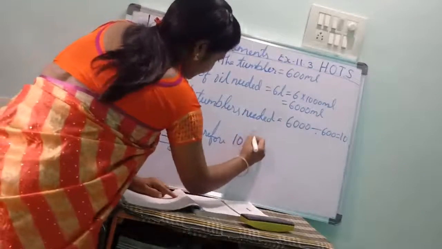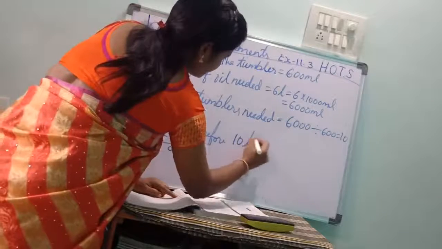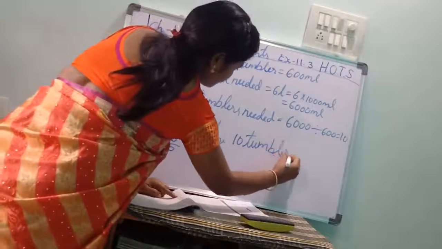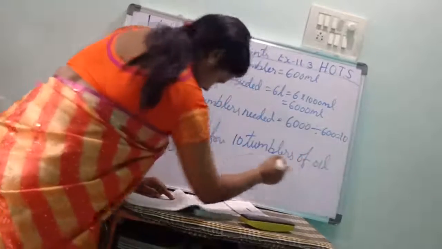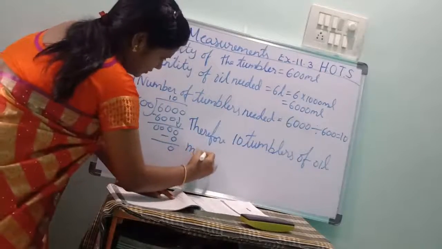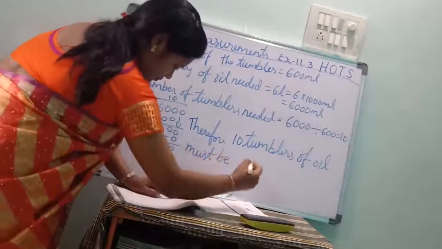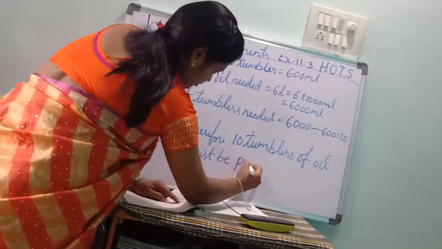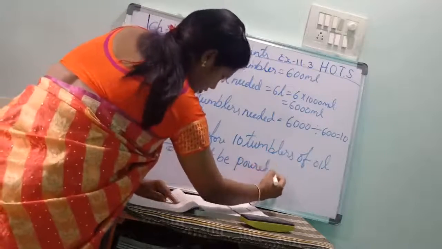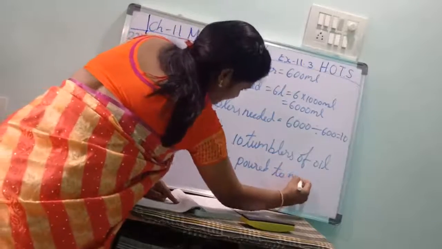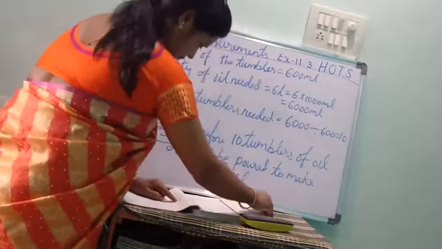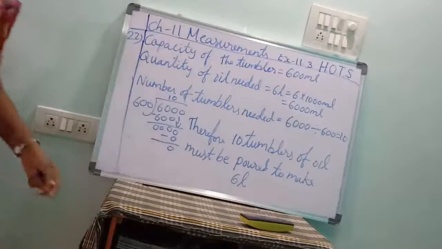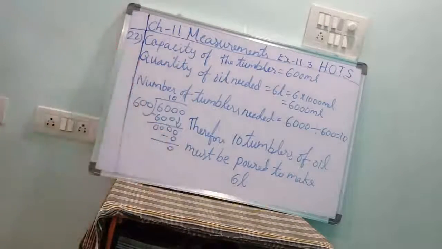Therefore, 10 tumblers of oil must be poured to make 6 liters. Understood? Right.